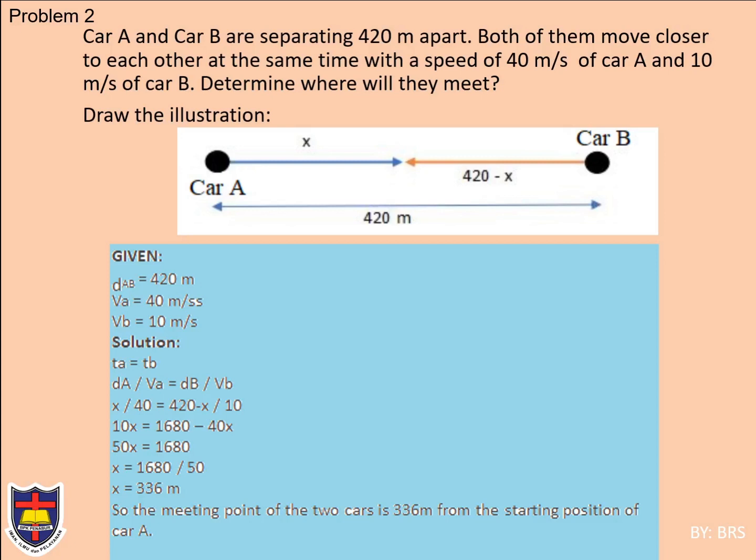So 10x equals 1680 minus 40x. So 50x equals 1680. So x is 1680 over 50. So the answer is x equals 336 meters. So the meeting point of the two cars is 336 meters from the starting position of car A.